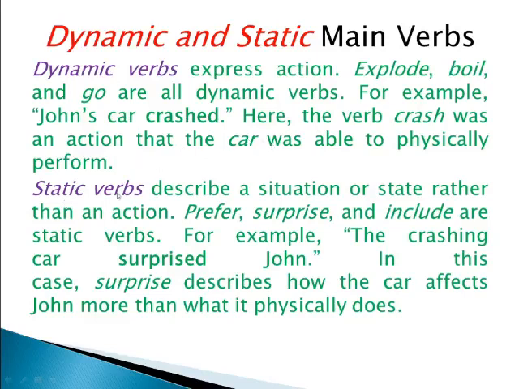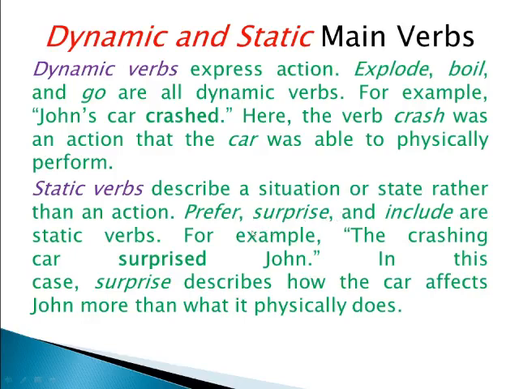What is next? Static verbs. A static verb describes a situation or state rather than an action. For example, you have prefer, surprise. In these examples we cannot see an action. There is no action in this type of verb. For example, if you think, we cannot see that thinking.